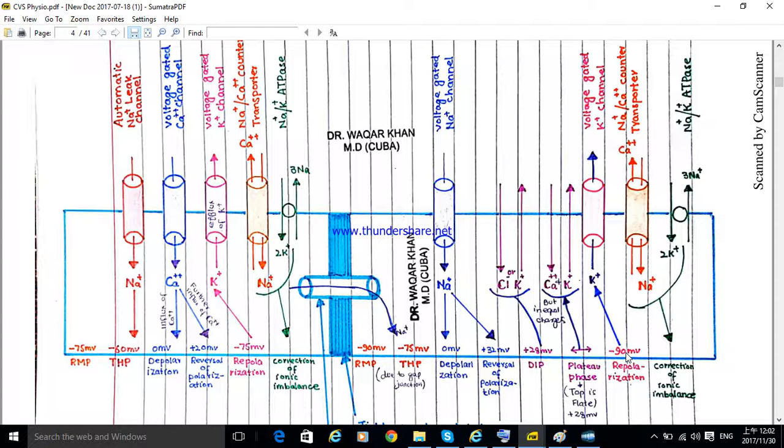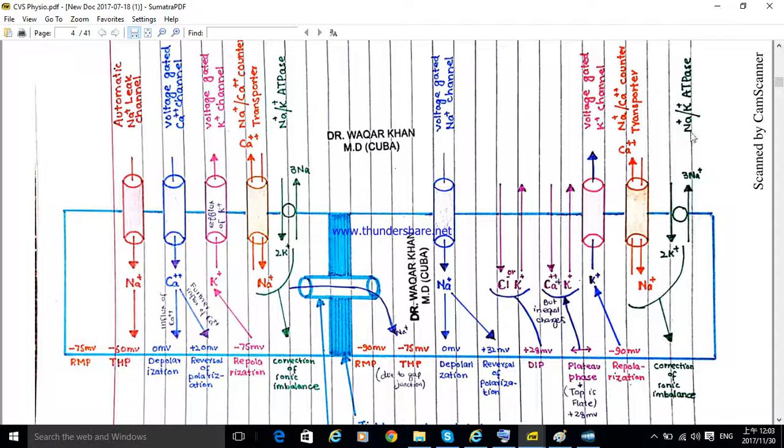Now there is again an imbalance of ions. As you have seen, there is influx of sodium, chloride, potassium, and calcium. Two transporters will act here. Through the sodium-calcium counter transporter, we make calcium go out of the cell, with influx of sodium.